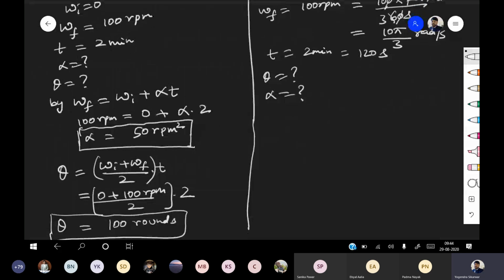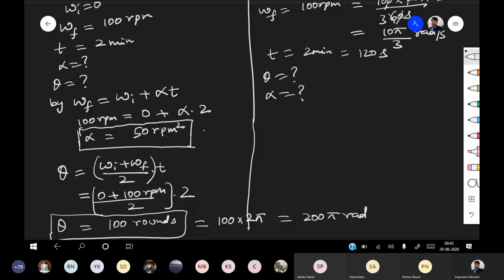If you want to see how Sakshi and Ibyal are getting answers in that form, pay attention. 100 rounds is equal to 100 into 1 round, which is 2 pi, so that is 200 pi radians.